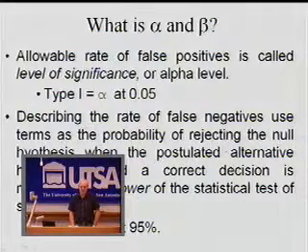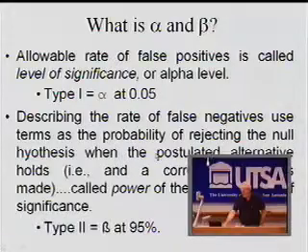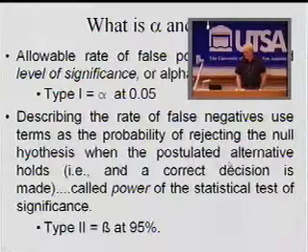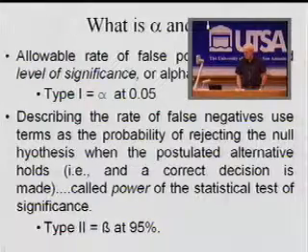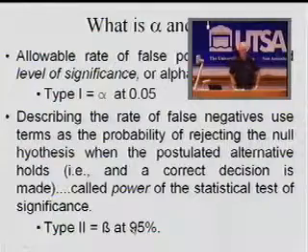So when describing the rate of false negatives, we use the terms as the probability of rejecting the null hypothesis when the postulated alternative hypothesis holds and a correct decision is made. So it's called the power of the statistical test of significance, or the type 2 error, that is the beta value that we're seeing set at 95.